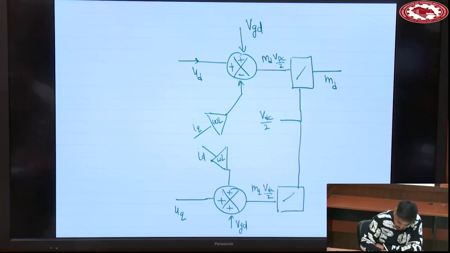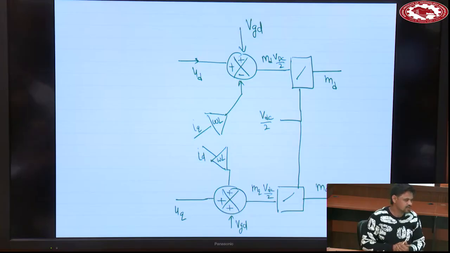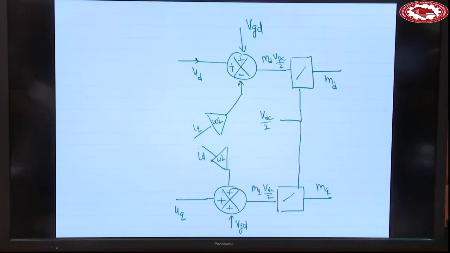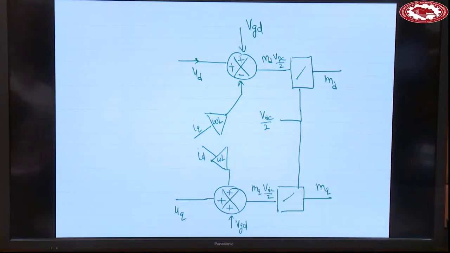Divided by VDC by 2, you can get MQ. Once you have MD and MQ, you can apply the inverse Park transformation, the dq to abc transformation, and you get MA, MB, MC. Then it will be compared with a triangular wave and you get switching pulses.